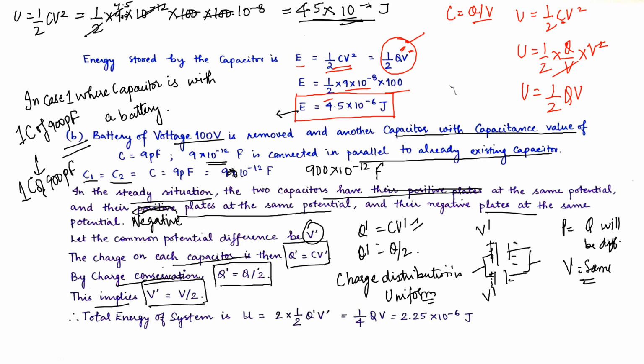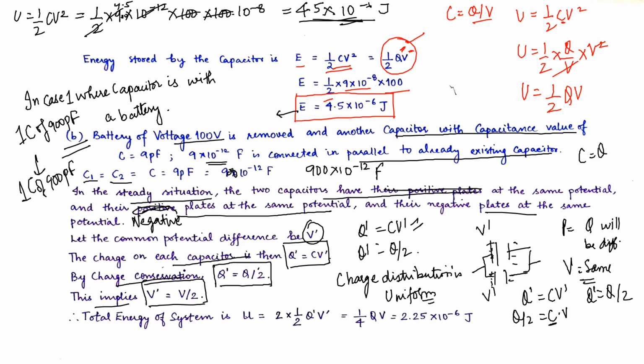Now if Q dash is Q by 2, then if we apply this in the formula, see on the down corner over here, Q dash equals CV dash. Now Q dash equals Q upon 2, so we write Q upon 2 equals C into V dash. What is the value of C?